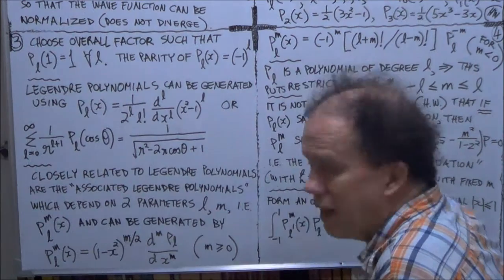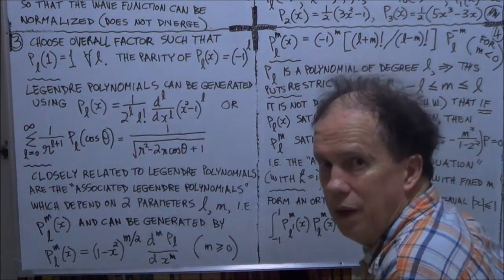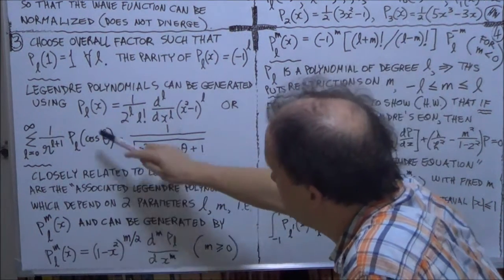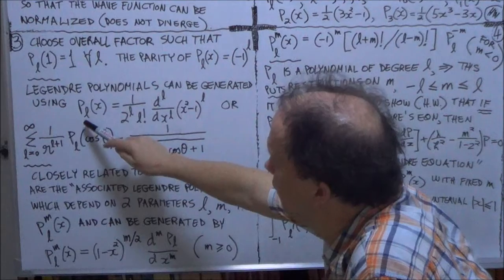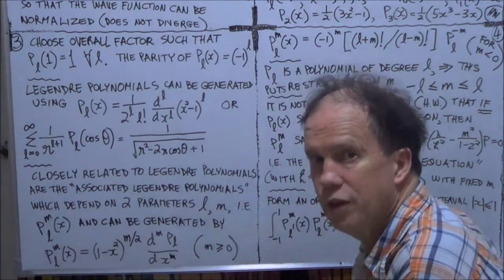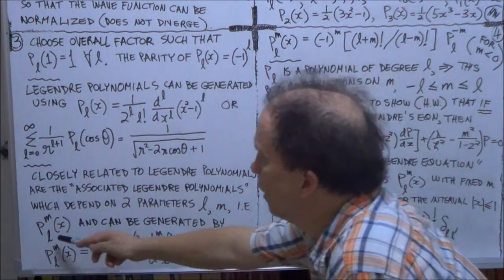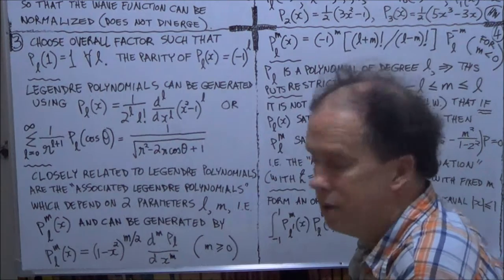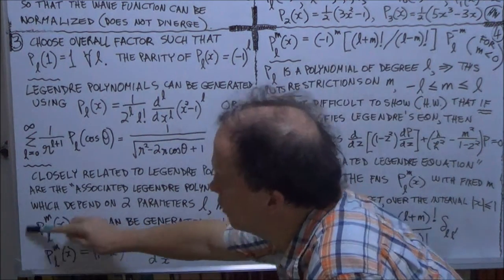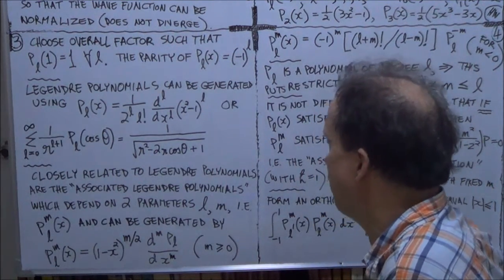Now, associated Legendre polynomials have two parameters, not just L. The Legendre polynomials depend on just one parameter, L here. But the associated Legendre polynomials depend on two parameters, L, the same L, and also M. So this here is an associated Legendre polynomial because it depends on two parameters, L and M.